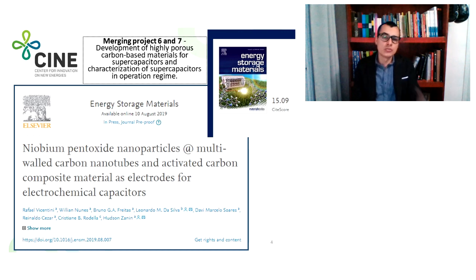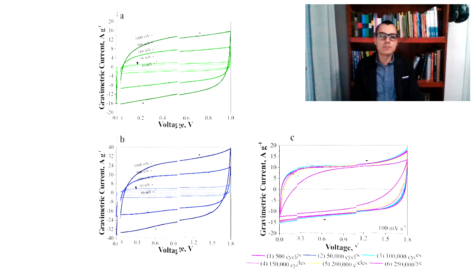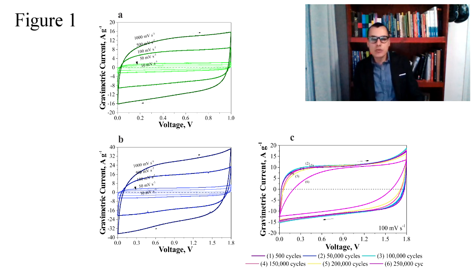The electrolyte used in this test was 1 molar lithium sulfate in aqueous media. But first of all, in this slide, figure 1a shows voltammograms made up to 1 volt and figure 1b shows voltammograms made up to 1.8 volts.